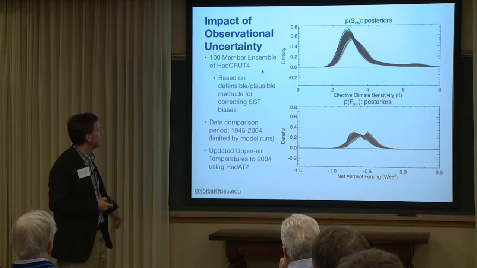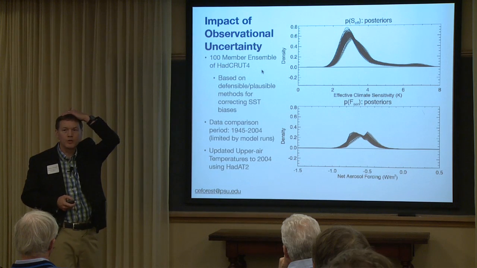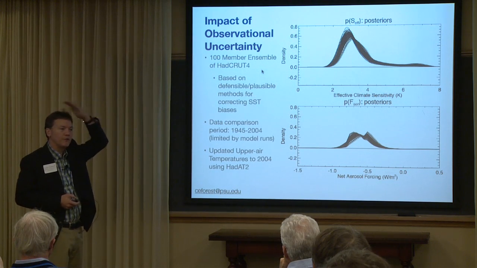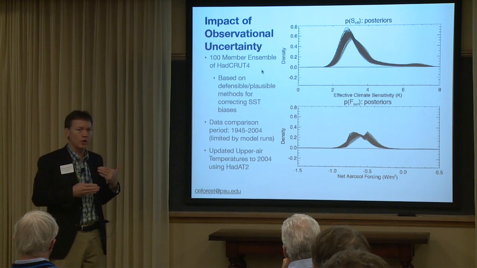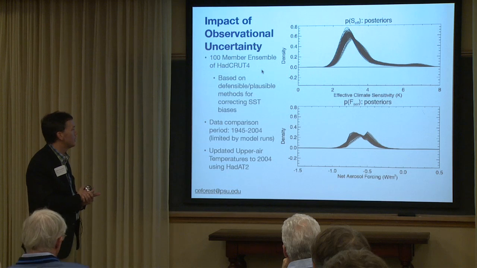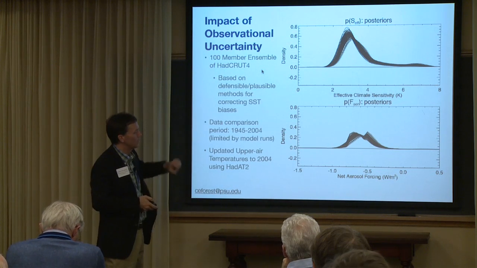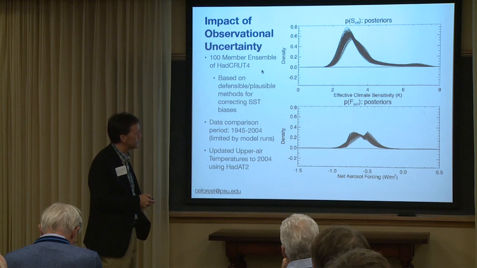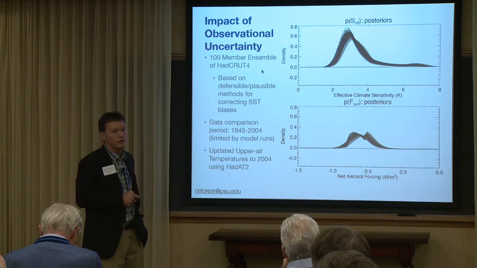And then the last one here is we've taken the observational uncertainty in the HadCRUT4 data set, 100 different simulations. They created an ensemble, which are all plausible reconstructions of what happened over the past century. And I ran our calibration tool with those 100 different cases. And these are now the spread of the distribution. There are 100 curves on there.